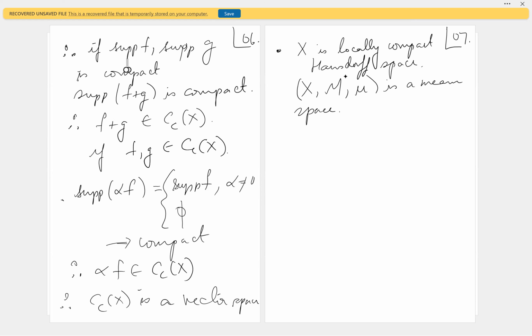And somehow we know that mu of K is less than infinity for all K compact.